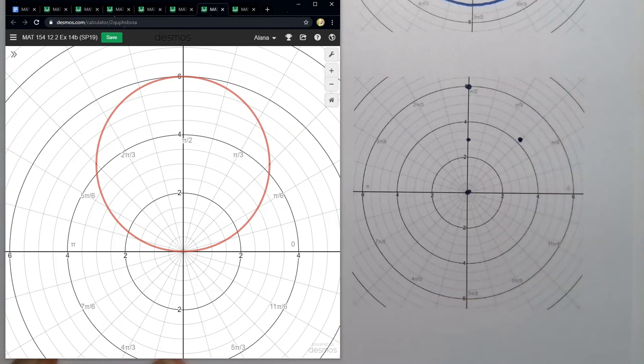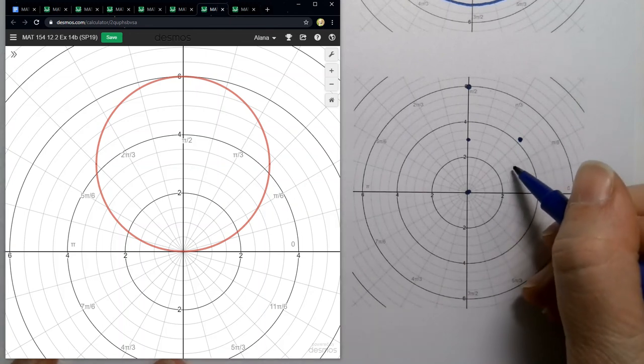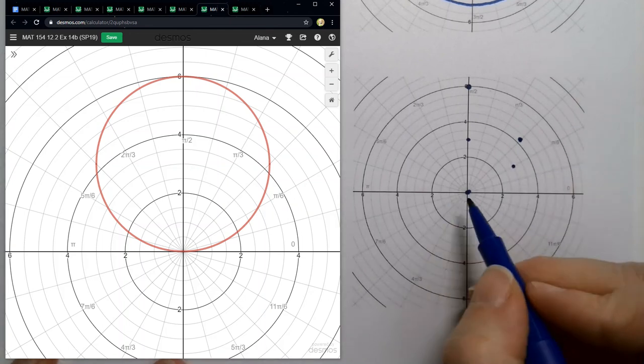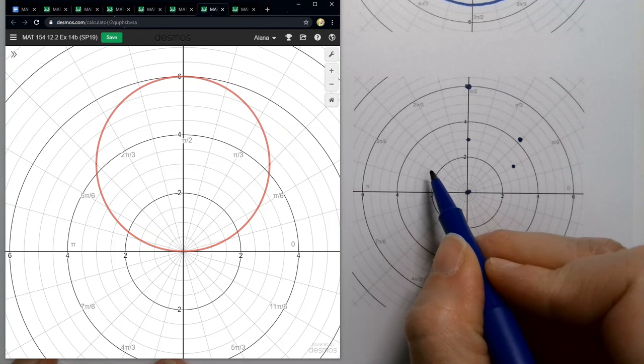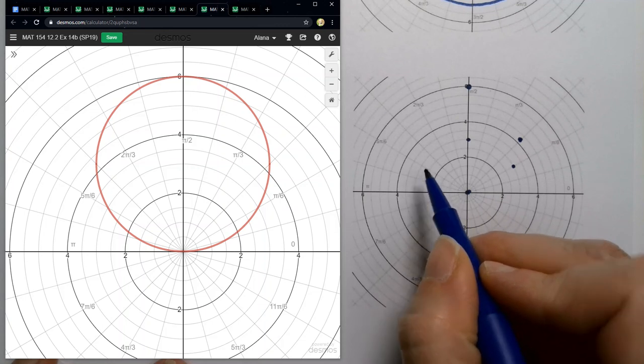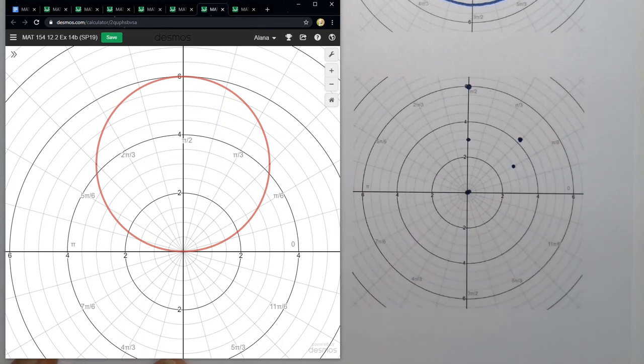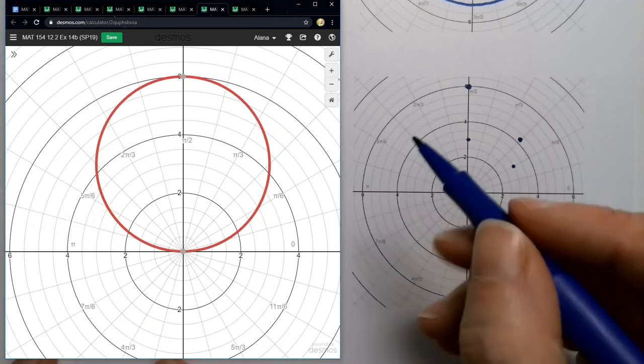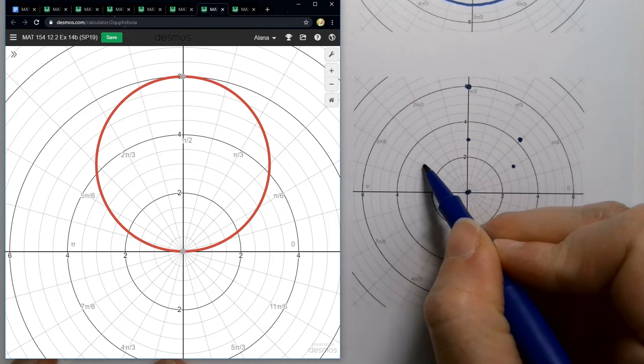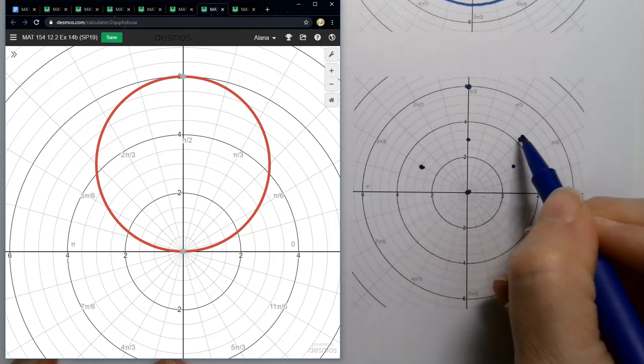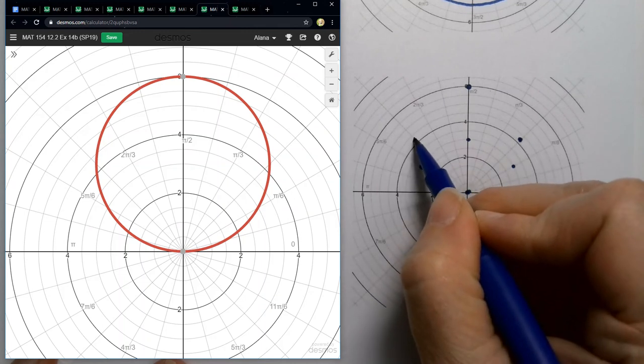And let's see, at pi over 6, it looks like it's exactly at the 3 ring. So pi over 6 right at the 3 ring. And then 5 pi over 6 is probably the same way. Yeah, at 5 pi over 6, that radial line, it's right at 3. So I'm going to go out 3 at 5 pi over 6, and then out at pi over 4 will go out like that.